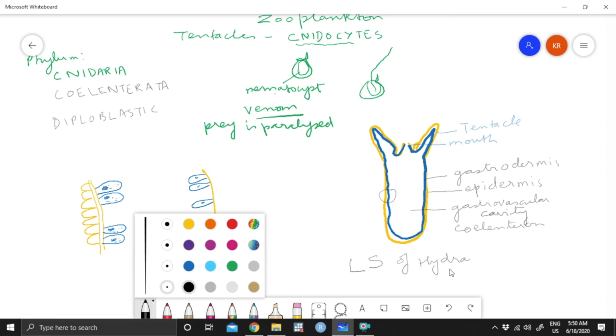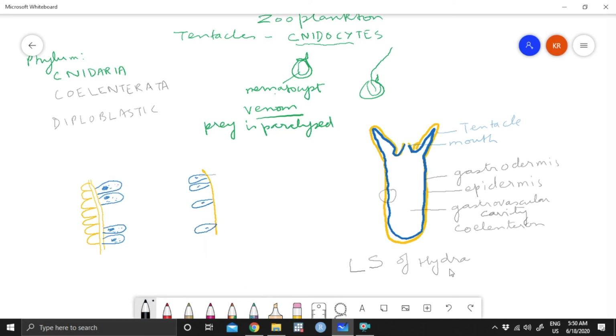Let's give them a name. All these cells are enzymatic gland cells. What do they do? That is all these cells which I have shown over here as well as here. Remember, once again we are talking about the internal layer, that is the endoderm.